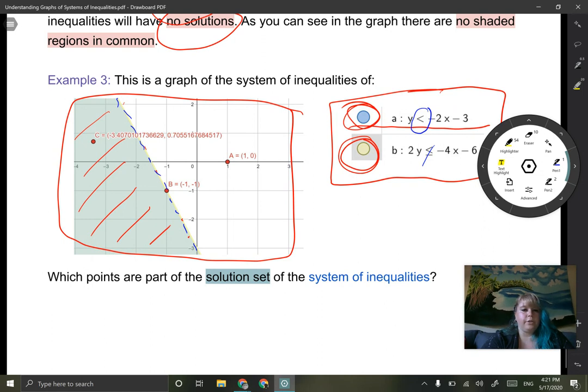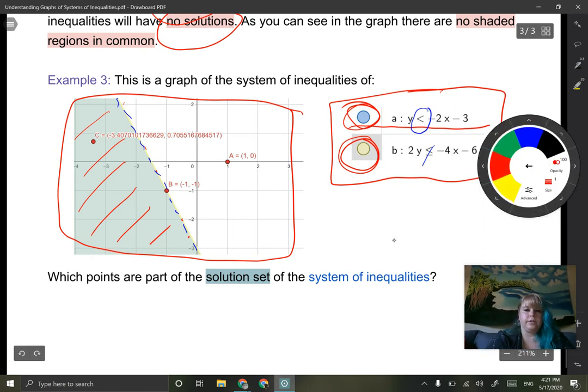So looking at our solutions, let's look at A. A is clearly not a solution because it's outside the shaded area. C is a solution because it's clearly in the double shaded area. And then, of course, B is going to throw us for a loop. Is it a solution or not?